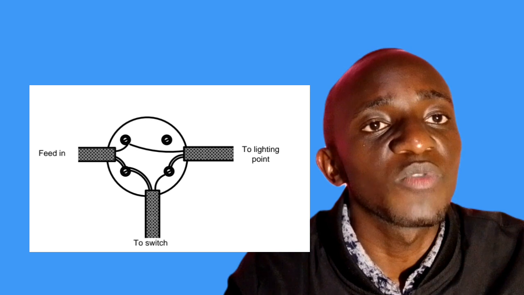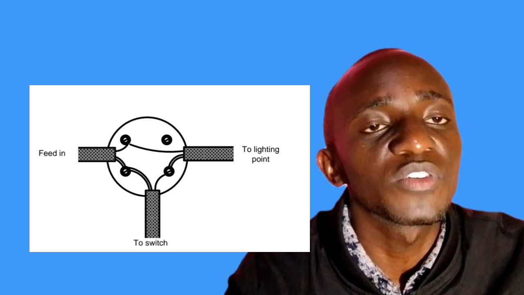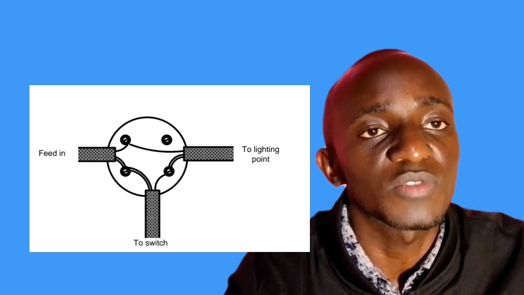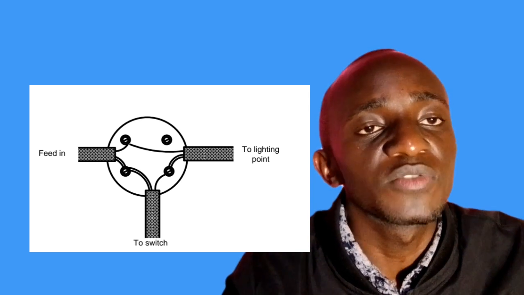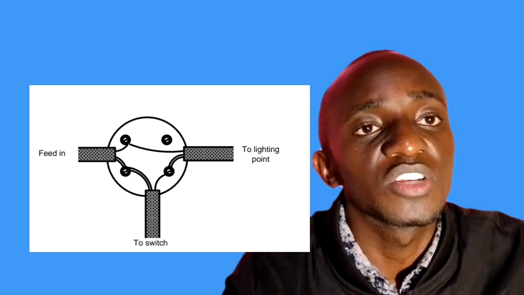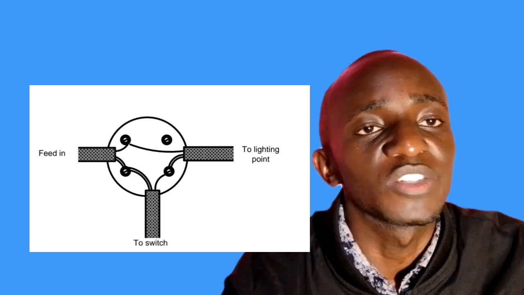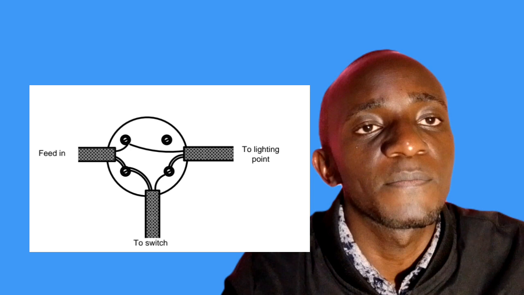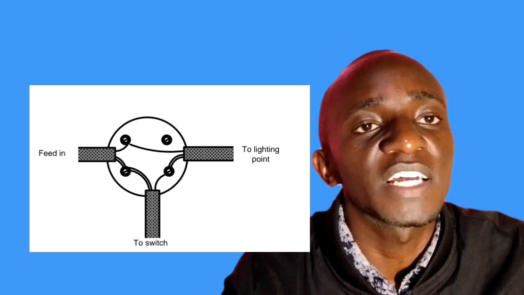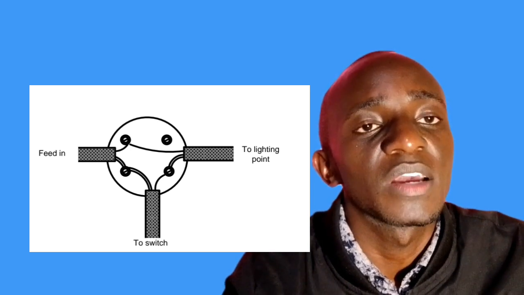If we only supply one lamp, then we'll only have the neutral from the supply and the neutral to that lamp. Then they are joined together and fixed in one of the terminal blocks if your joint box has a terminal block, all insulated if your joint box doesn't have terminal blocks.